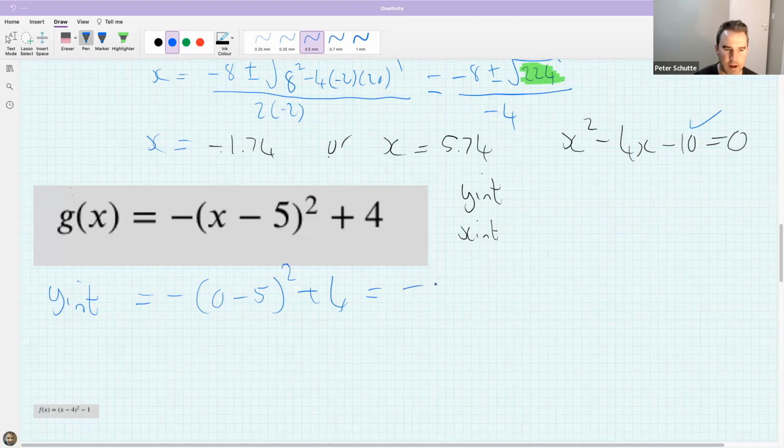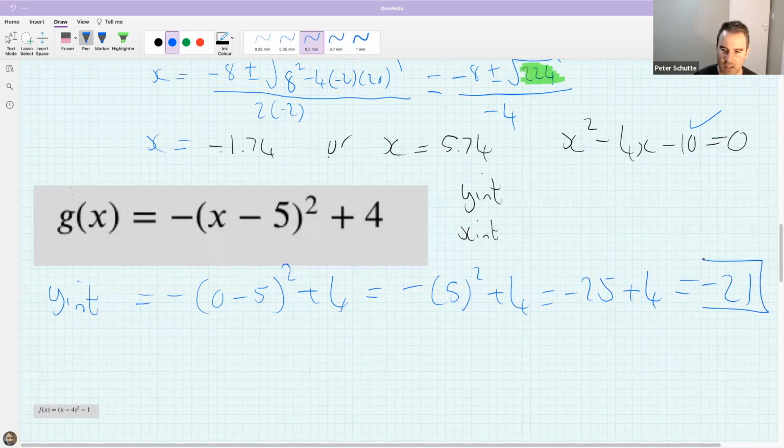And now I have minus in front, and I have 5 squared plus 4, which is minus 25 plus 4, which is minus 21. Sneaky, sneaky. So this negative is what is causing havoc. So watch out for that.